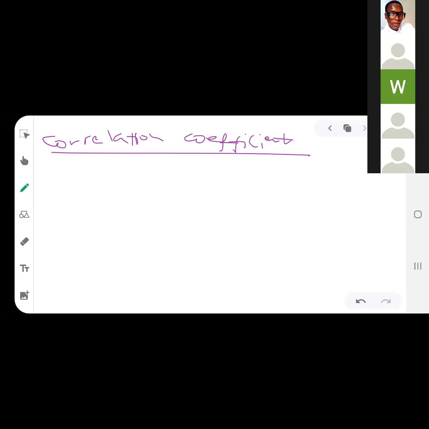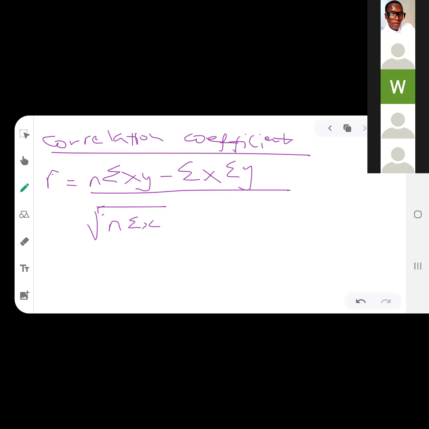And the formula for calculating this coefficient of correlation is denoted by small letter r. So it's given by n multiplied by the sum of xy minus the sum of x times the sum of y. You will get all these sums from your calculator. You divide by the square root of n into the sum of x squared minus the sum of x in bracket all squared.